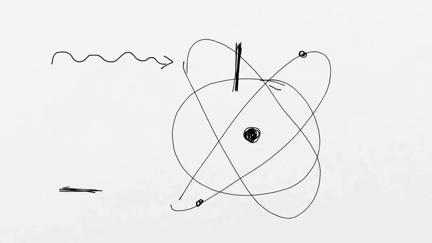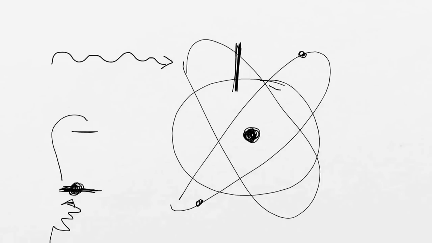The electron can then, if it gets this kick, let's say here is the electron orbit, if I look at it from the side, if I give it this kick with this light energy, if it is exactly the right energy, I can kick it up to the next level. So the electron could jump up here.